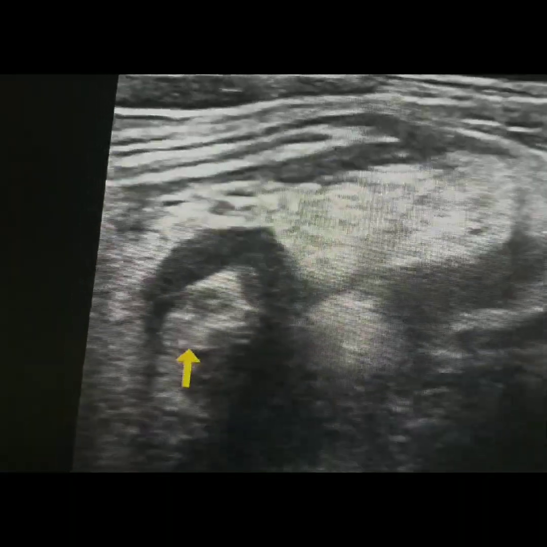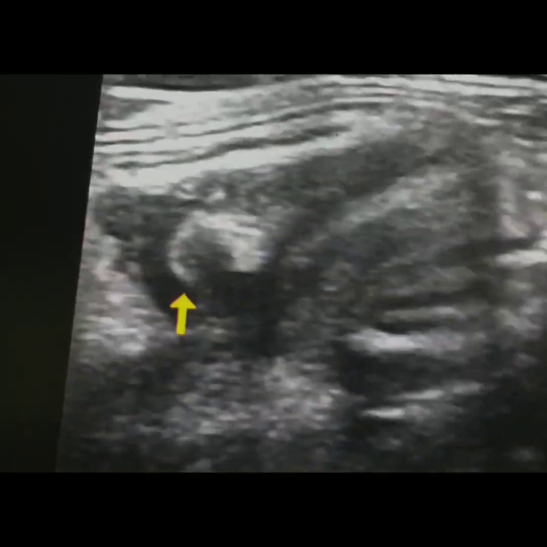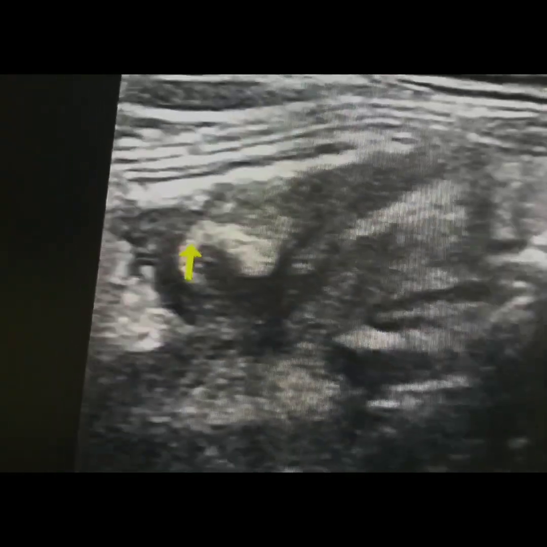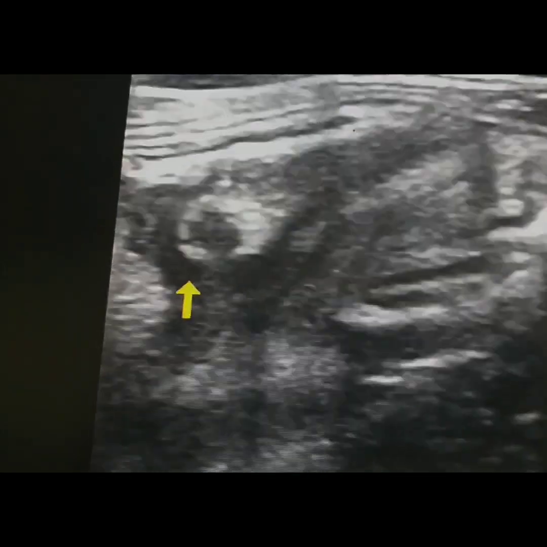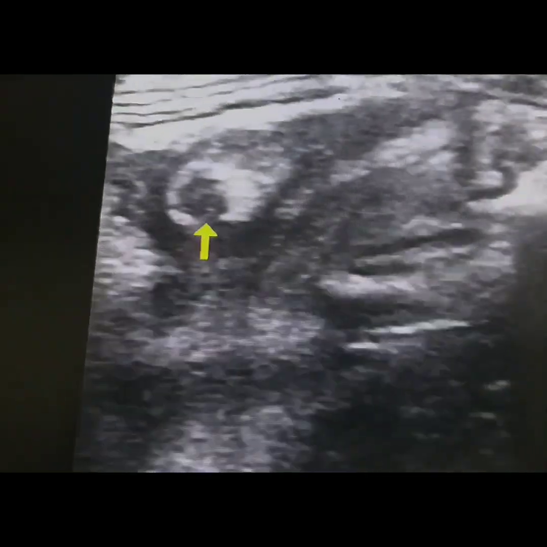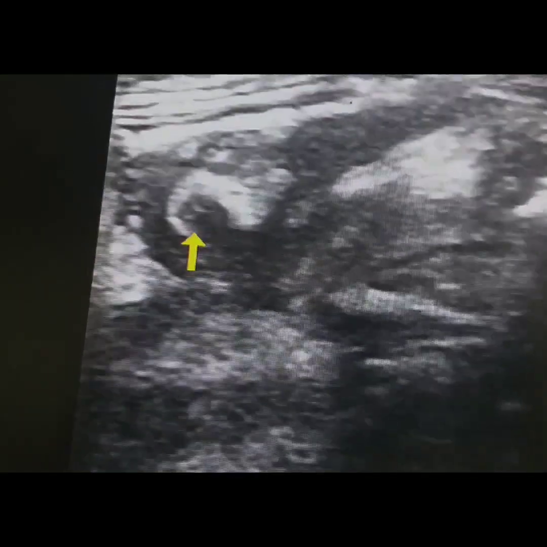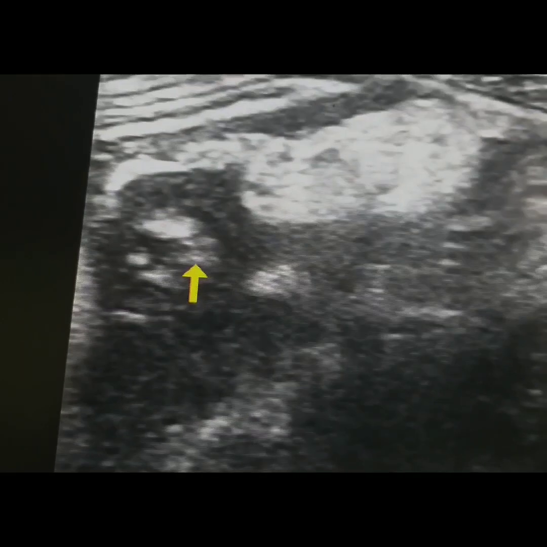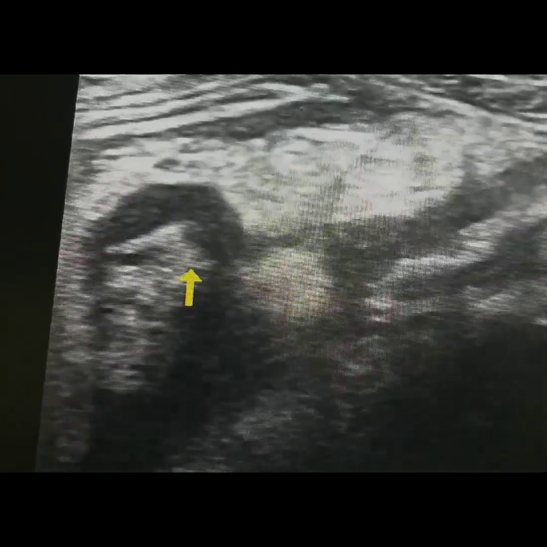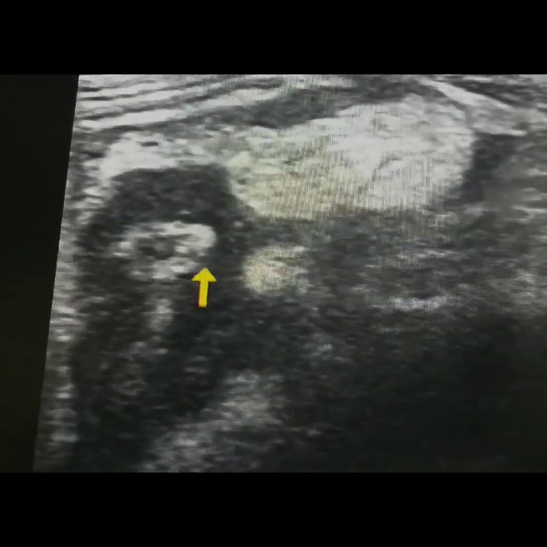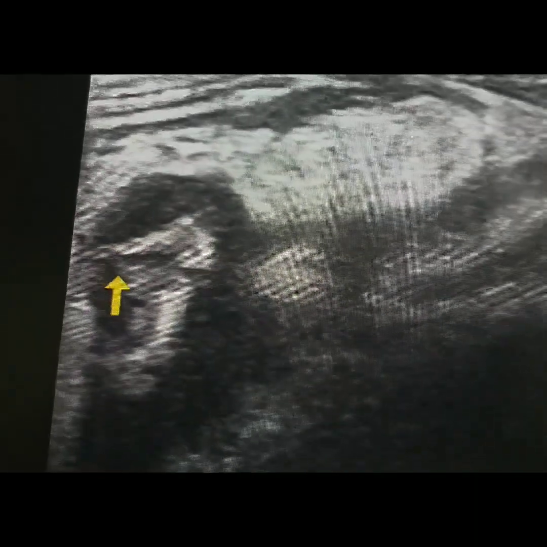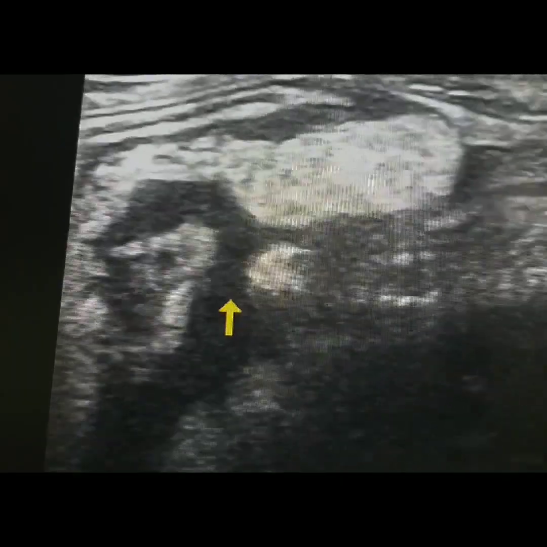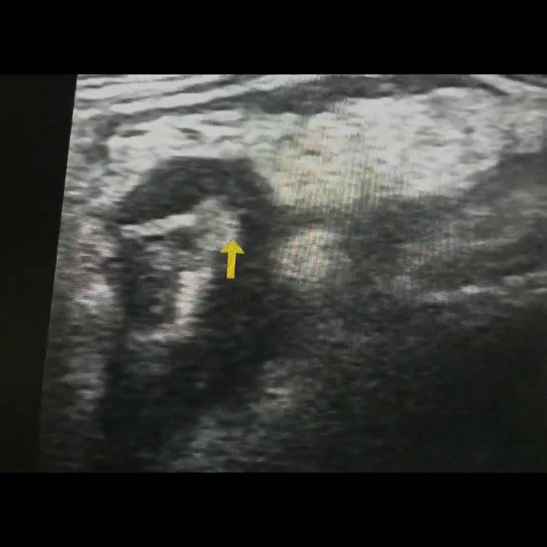Here the walls are intact, and when we go downward at this level, it is disrupted, the perforation is here, and it is irregular in shape, with contour abnormality here, and it is surrounded by fluid.